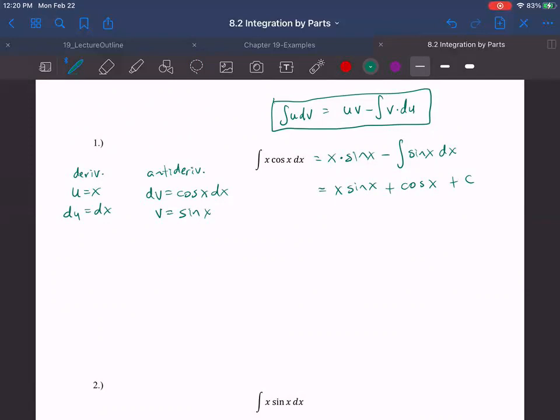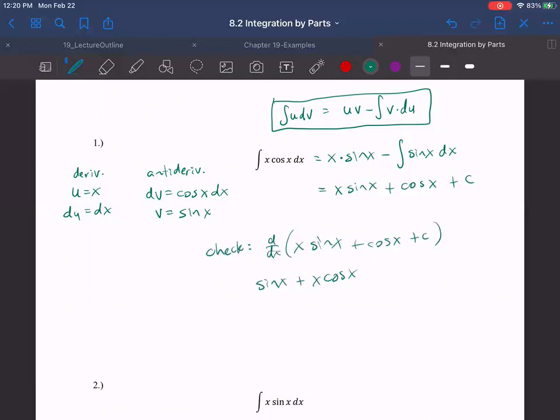How about that? How else would you have done that one? If we want to test or check, we can take d/dx of x sine x plus cosine x plus c. The derivative of x sine x is the derivative of the first times the second, so that's just sine x, plus the first times the derivative of the second, which is x times cosine x.